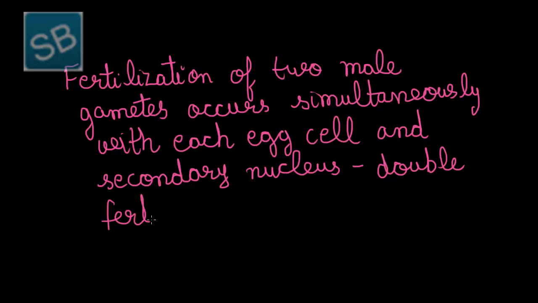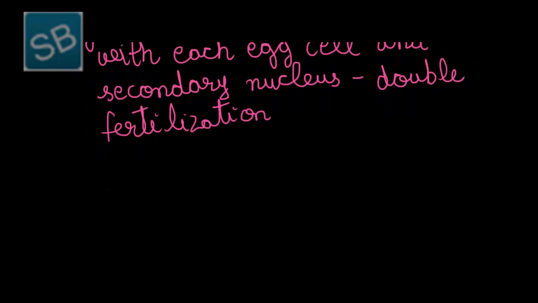Because two types of fertilization occur within an embryo sac simultaneously. And so the process of fertilization within flowering plants is known as double fertilization. Such a process of double fertilization is the major characteristic of the angiosperm plants.